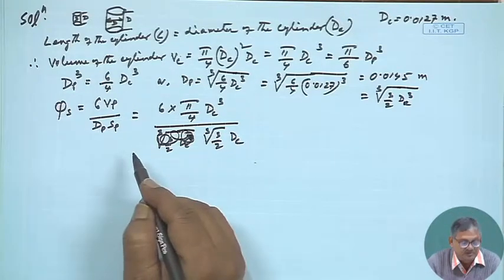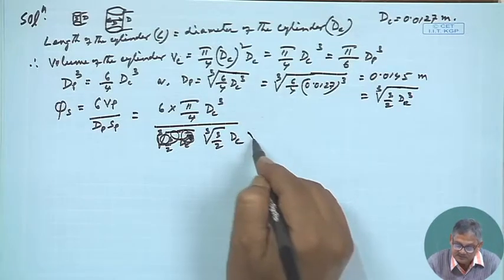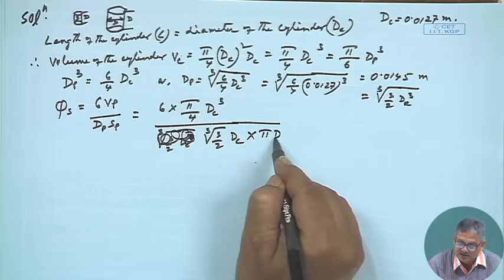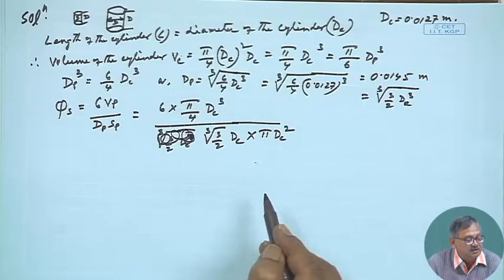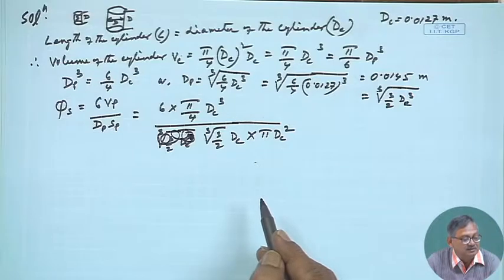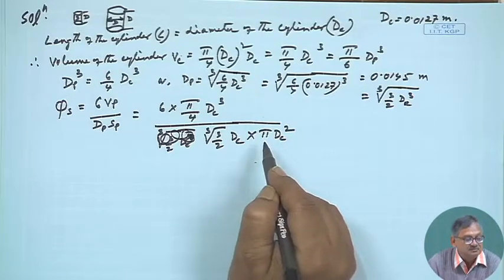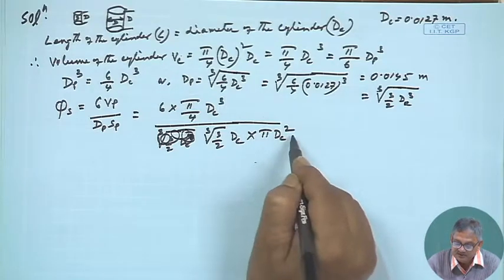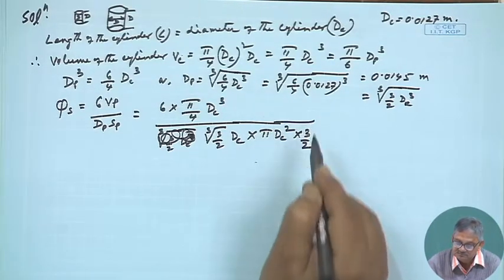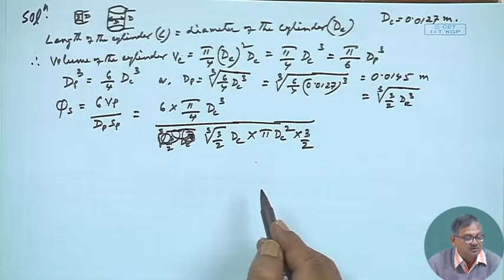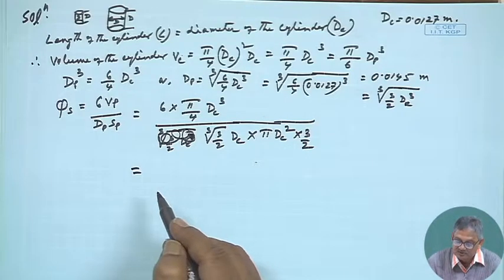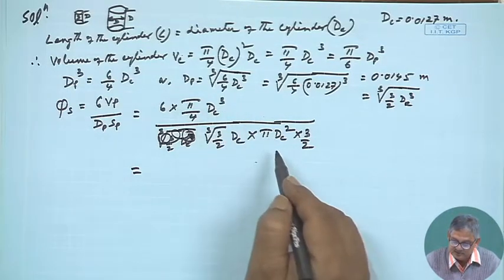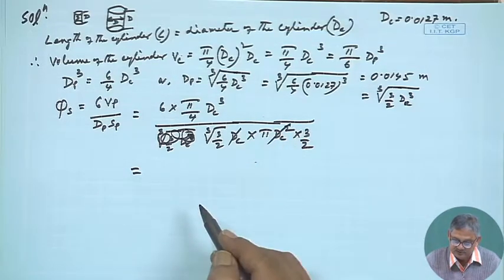Okay, so dp is so much, and Sp, how much is it? It is pi dc square, right. Sp is pi dc square. So this becomes equal to: dc cube over dc square, so this goes out, right.